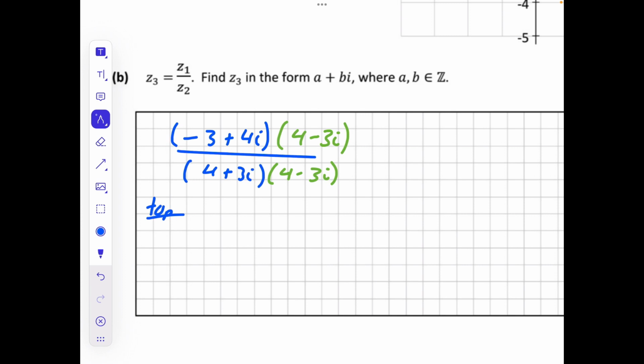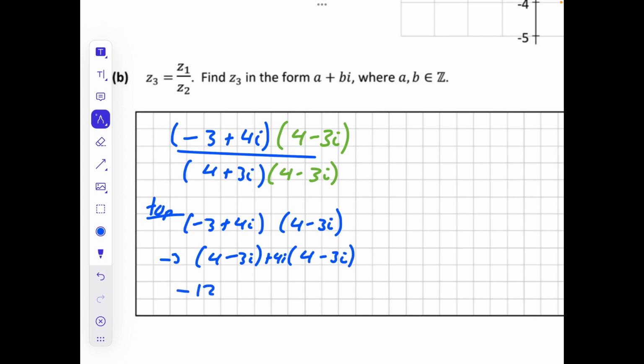Okay, now I'm going to multiply out the top. So it'll be minus 3 plus 4i multiplied by 4 minus 3i. Write down the second bracket twice and split up the first bracket. Okay, so that'll be minus 12 plus 9i plus 16i minus 12i squared.